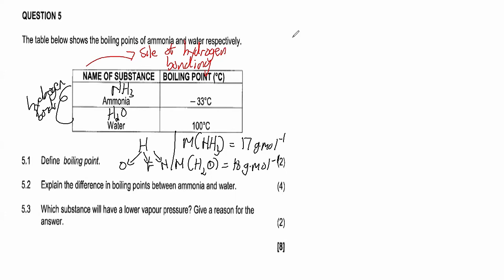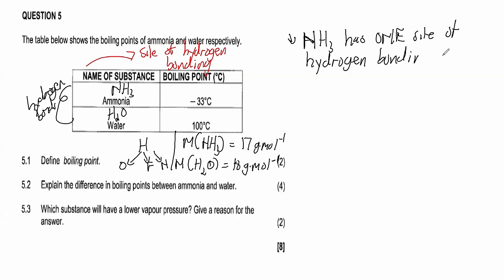You will tell them NH3, which is ammonia, has one site of hydrogen bonding, while H2O, water, has 2 sites of hydrogen bonding.